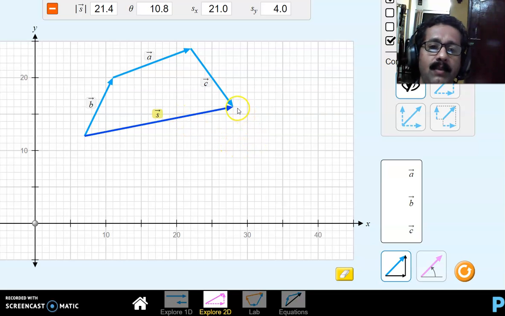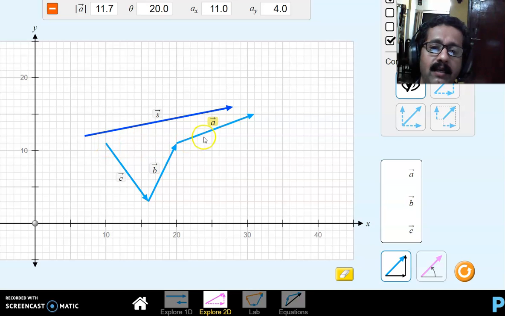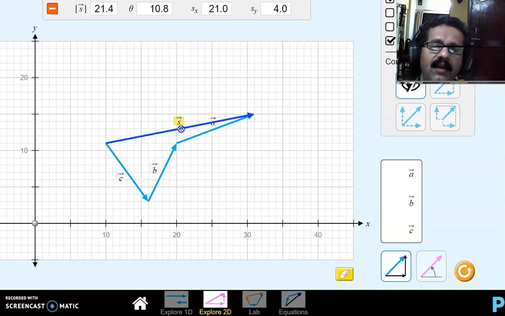If you take C plus B plus A, I'll take C here, B here, and A somewhere here, and the resultant has to start from this point and reach the last point, and if I try to do that, it even matches. So overall, my observation is that vector addition is commutative and vector addition is also associative. Even if you change the order of vector addition, you will find that the resultant of vector addition continues to remain as it is.